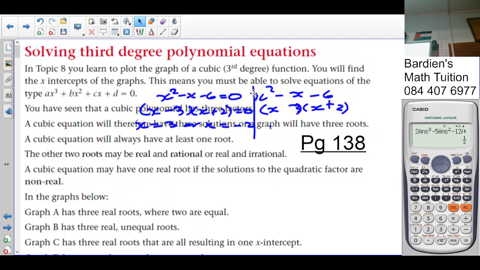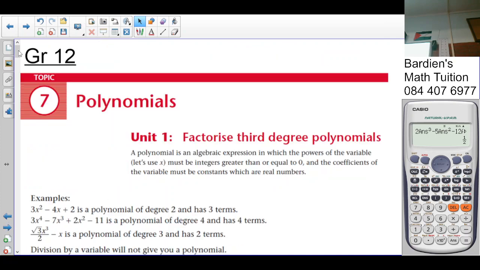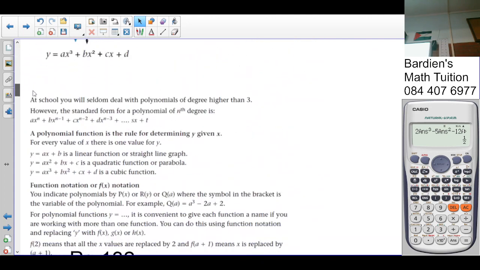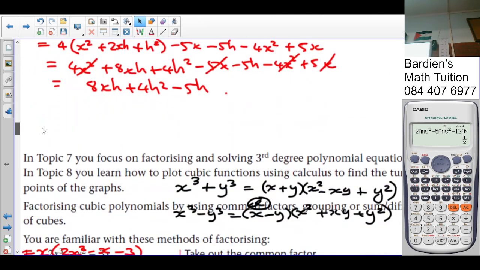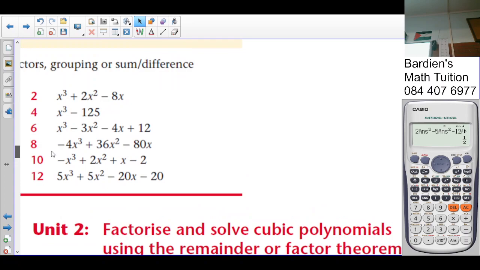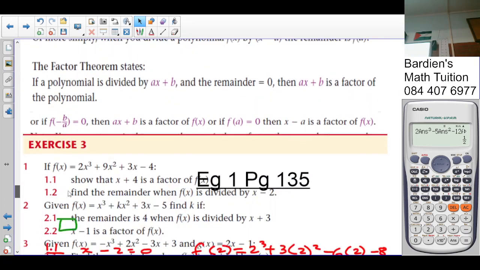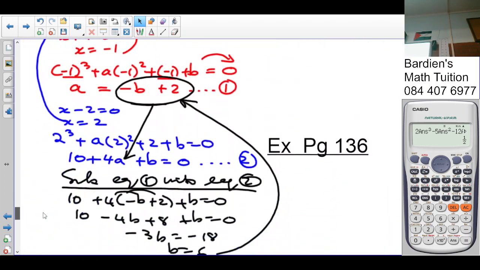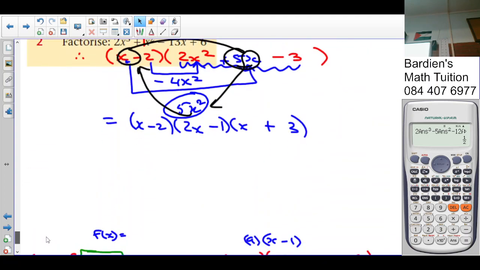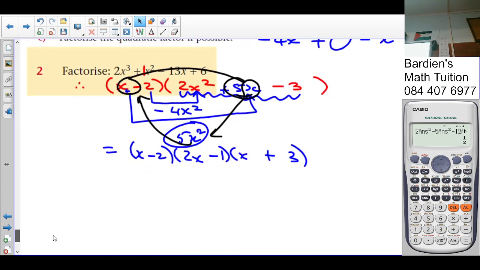So I take that into account and I go to what we have dealt with before. Then if the question was to solve the one that's already factorized, I think the very last one's the only one. Yeah? So if this was an equation, then that would have simply been equal to 0 there.